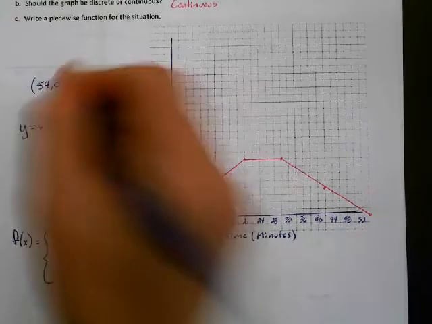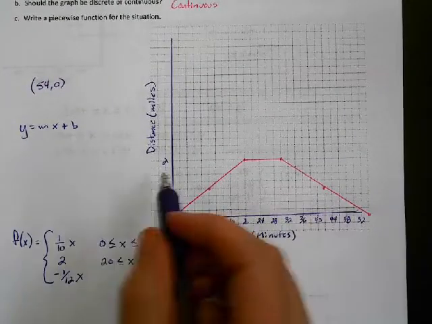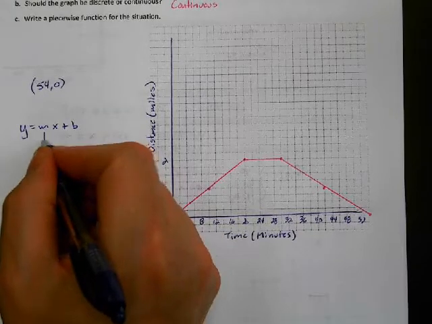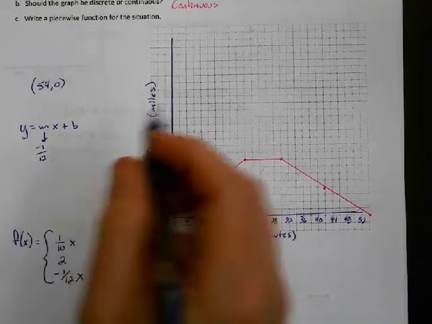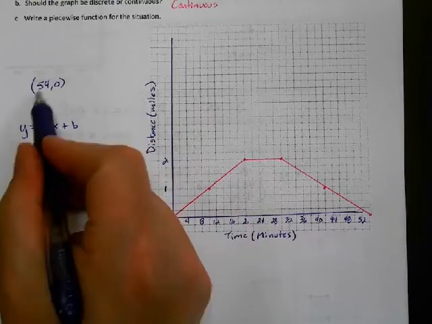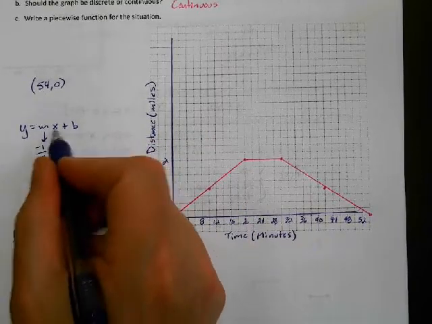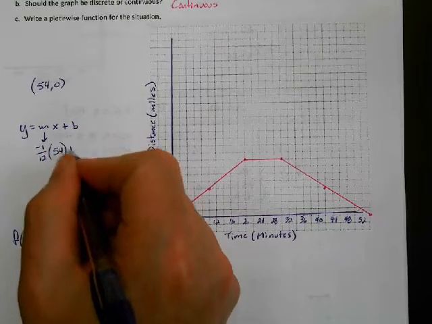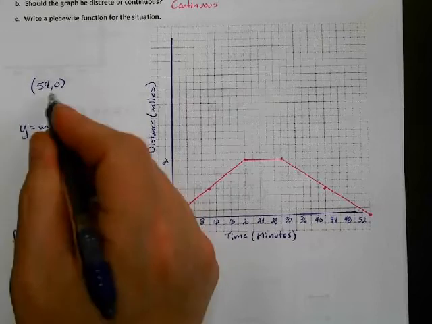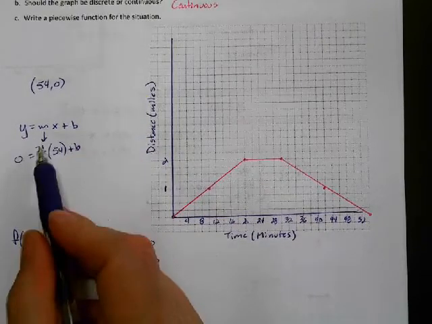Now, we know that the slope was negative 1/12. The x is 54 because you can plug in any point to the x and y from the line. Put 54 right there plus b. And the y is 0. Okay, negative 1/12 times 54. That's just negative 54 over 12.